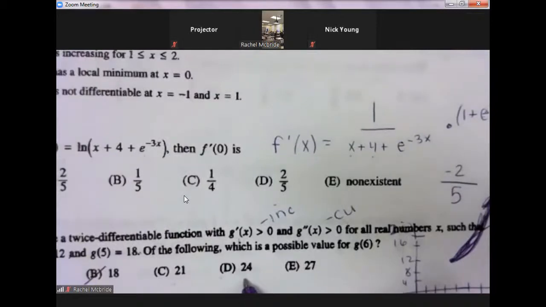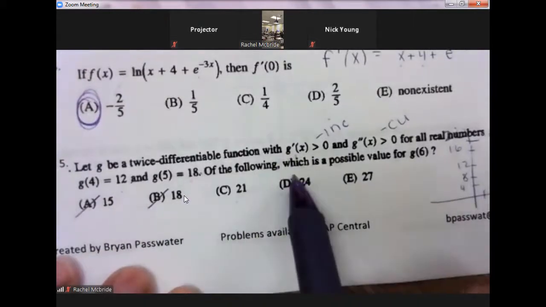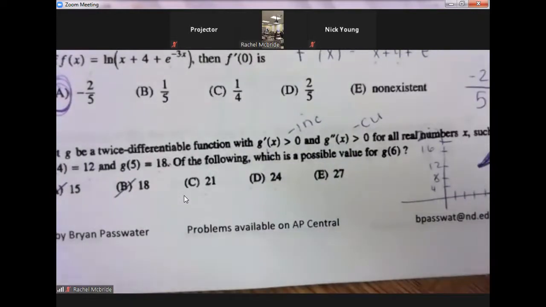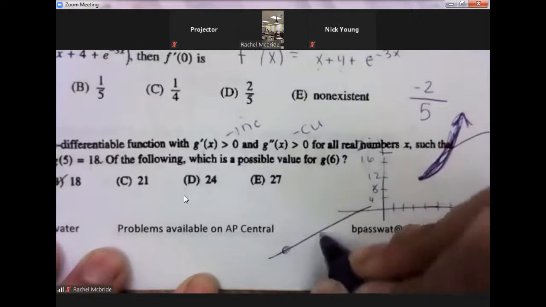Because it would be equal to 6. And if you think about, so since this increases by 6, then 18 plus 6 is 24. So that would make it linear, not concave up. So if it went like that, it would have been linear.